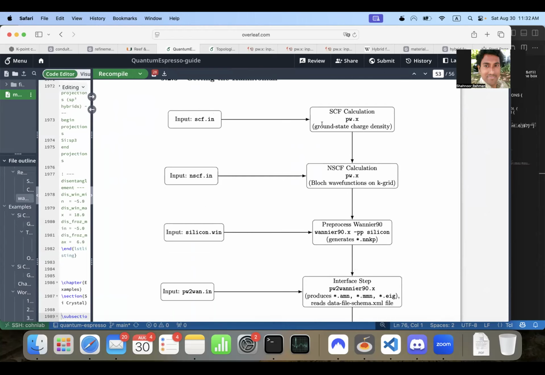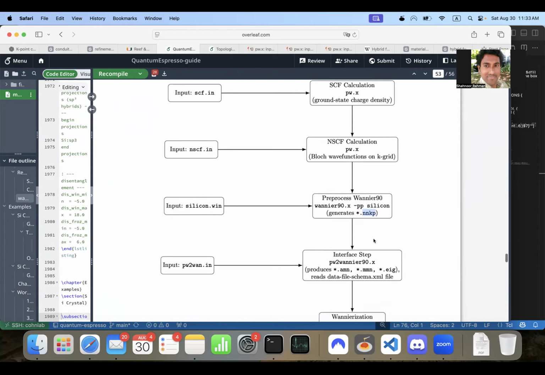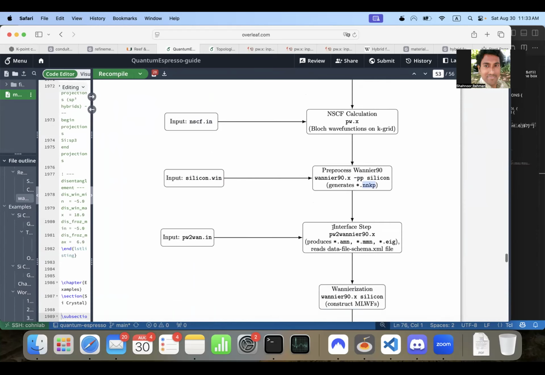Okay, so first with SCF.in, we do SCF calculation. Then with NSCF.in, we do NSCF calculation. Then we have to have this WIN file for Wannier90 pre-processing to generate this NNKP file that will contain necessary information for the next step, which is the interface step.